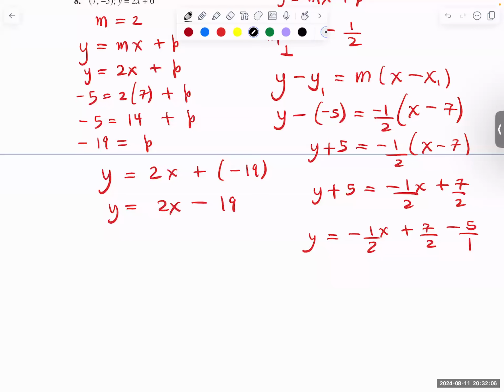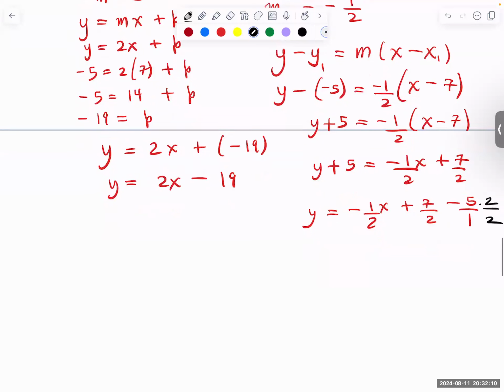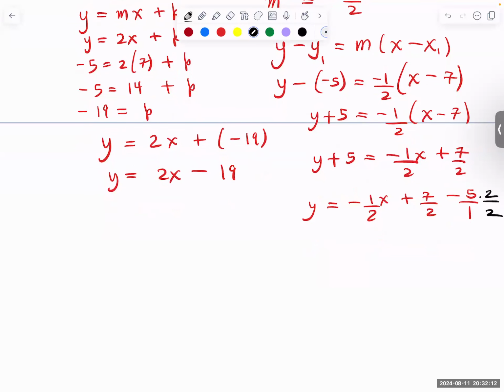For a common denominator of 2, we'll multiply by 2/2. So then we have 7/2 minus 10/2, which is negative 3/2. So the equation in slope-intercept form is y equals negative 1/2 x minus 3/2.